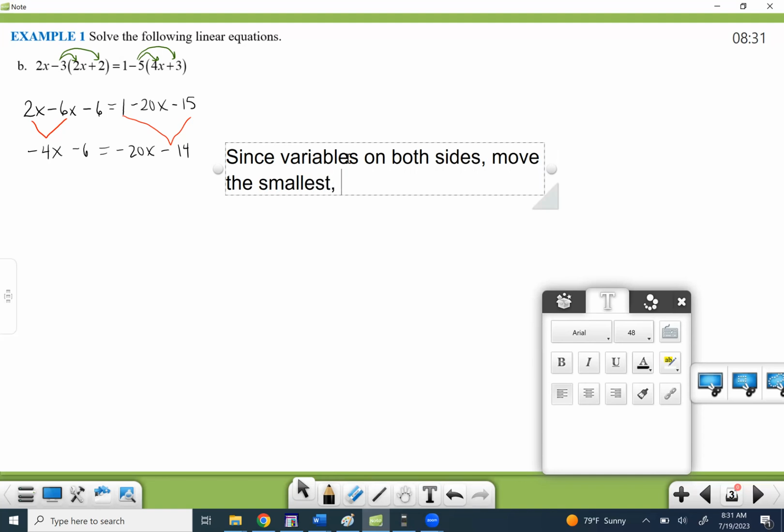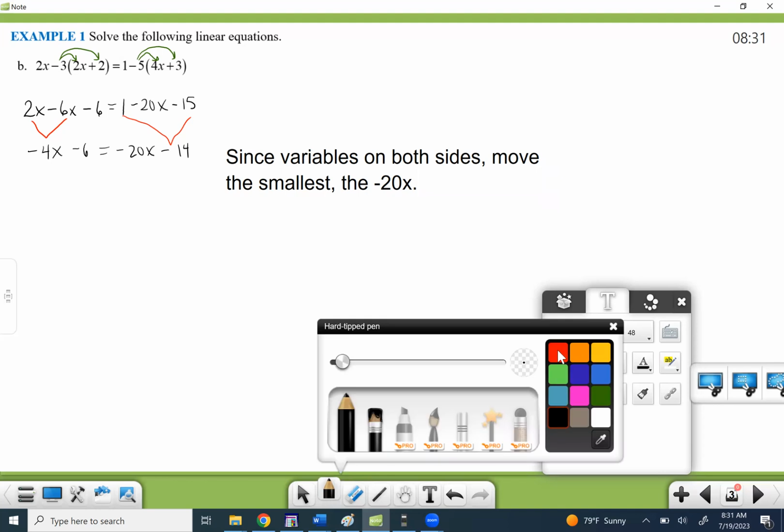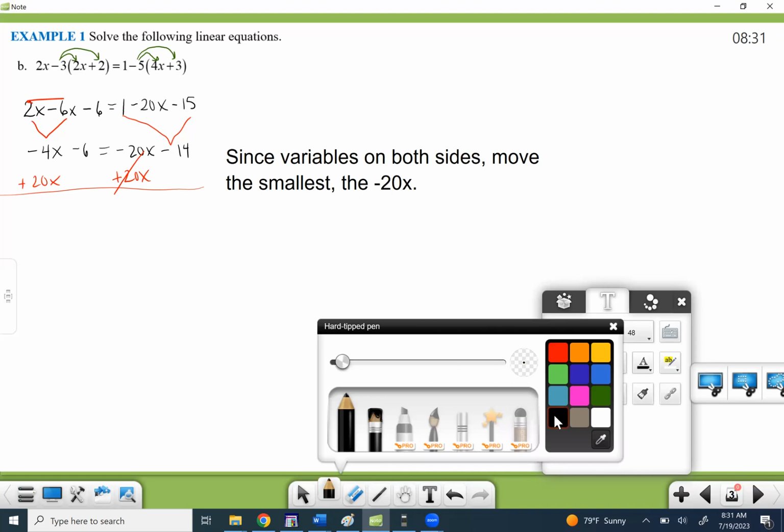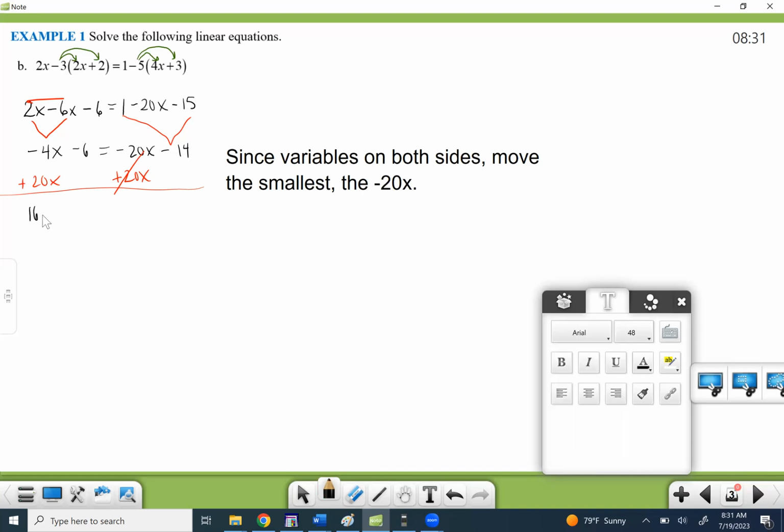So in our case, the -20x. -20 is smaller than -4. So it's -20, so we'll put plus 20x. And whatever you do to one side of the equation, you got to do it to the other side to keep it balanced. All right, so -4 plus 20 is going to be 16.